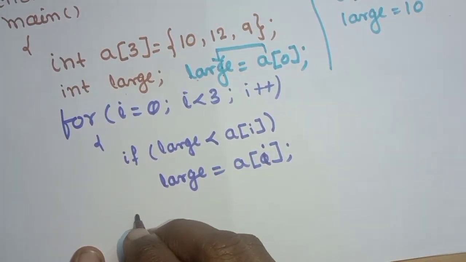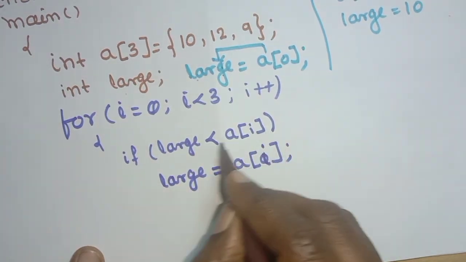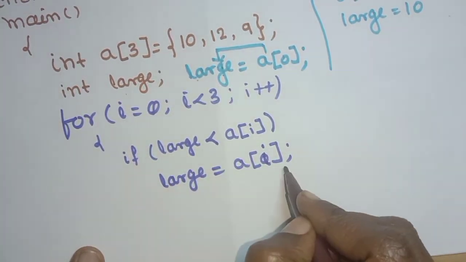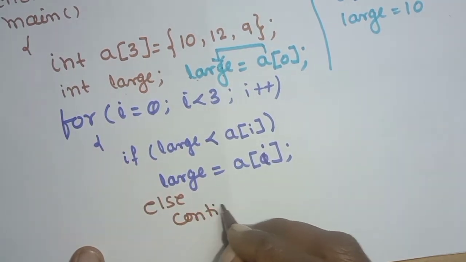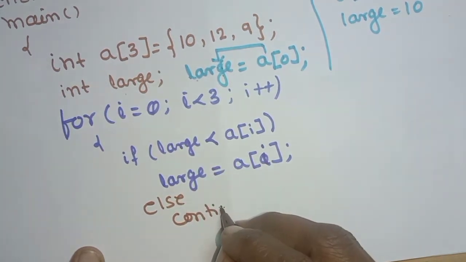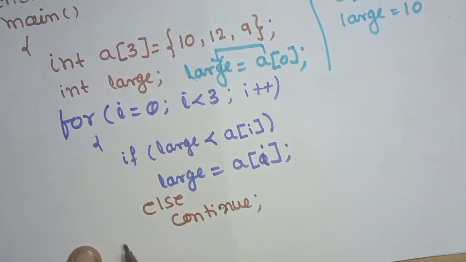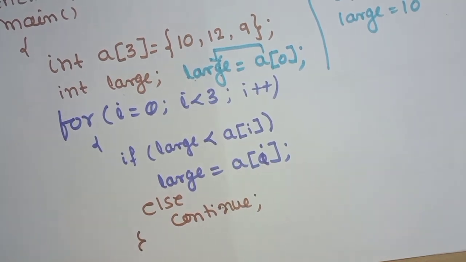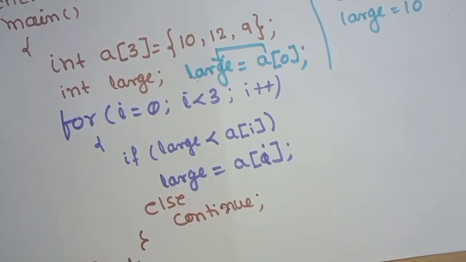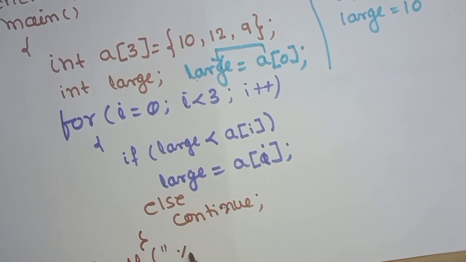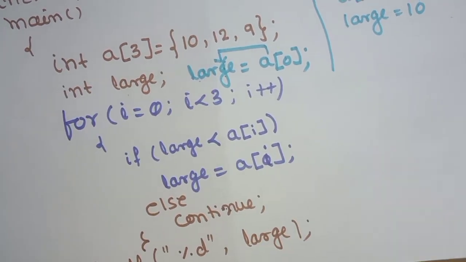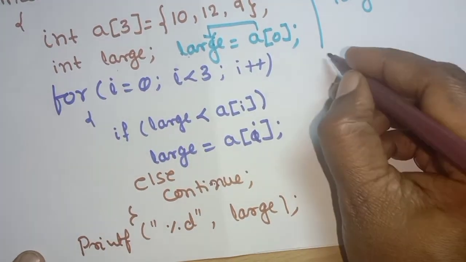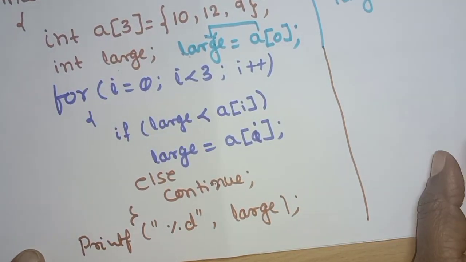If this is false, this is not going to execute, so else continue. If this is true, it is going to continue. Then close this. Finally you are going to printf the largest number, which is present in large. This is the program for finding the largest number.